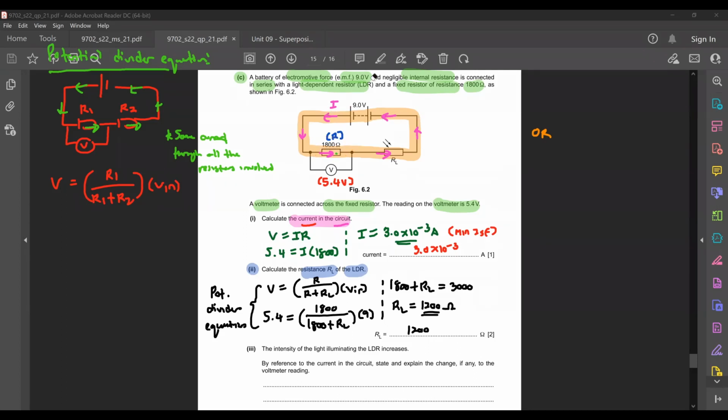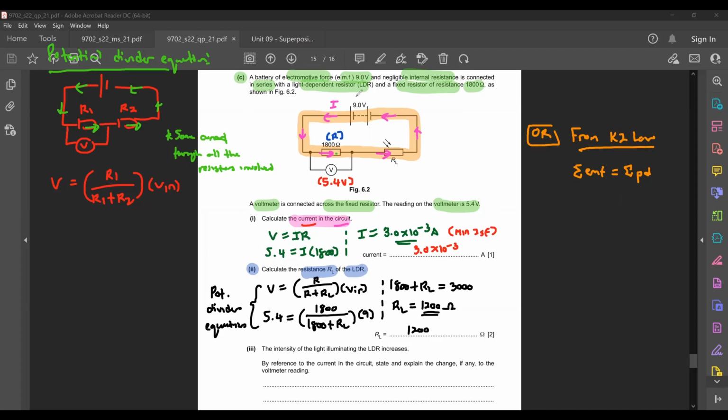So you try to apply Kirchhoff's second law for this circuit here. From K2 law, our sum of EMF equals the sum of PD.